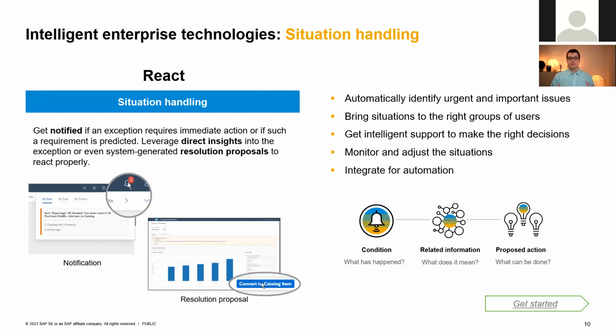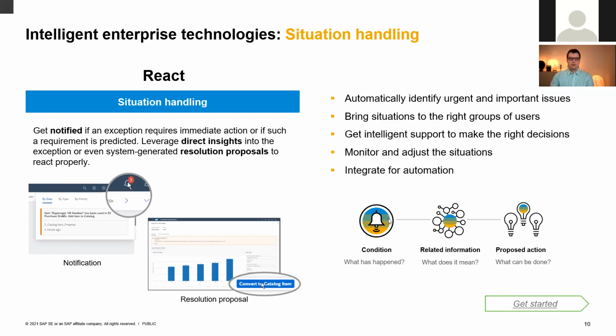What we see is that it takes about 30 to 45 minutes to configure one situation in your system, where you define some parameters, for example, the company code, dates, thresholds, and most importantly, which user or which group of users should receive this notification if it does occur in your business.